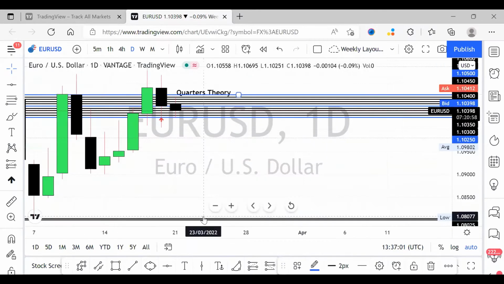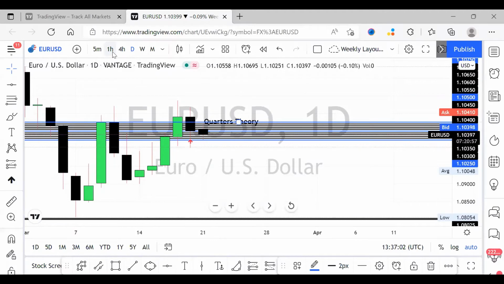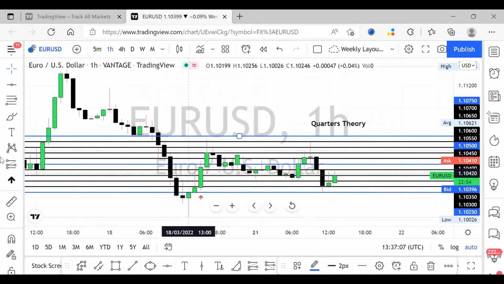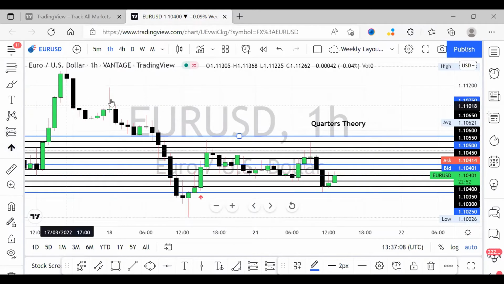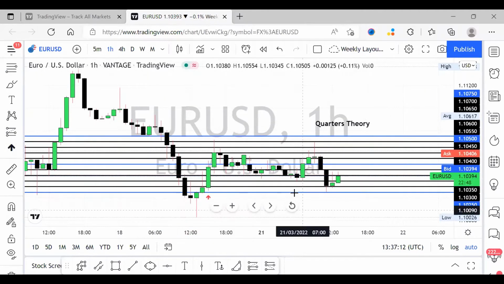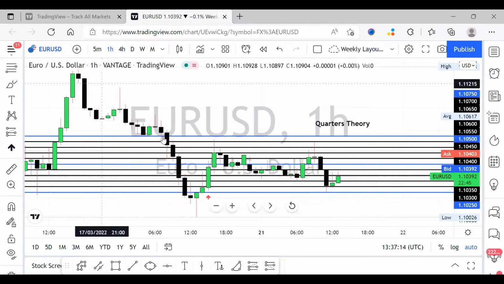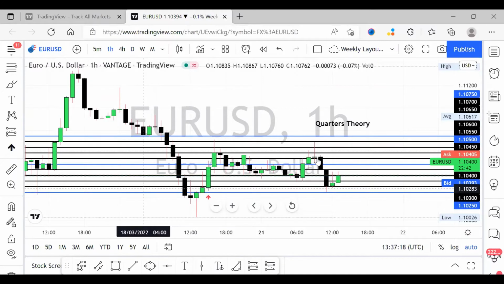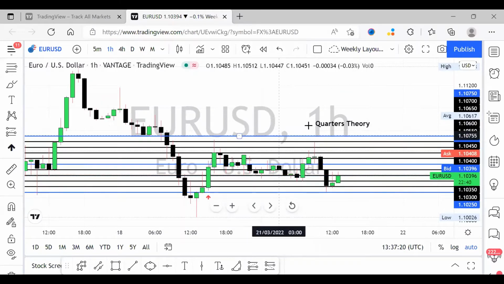Okay, so the way we do this, I'll do this in a brand new chart, but you need to understand how this really works. Okay, on top of that, we're going to use our supply and demand zones, but the overall theme is you've got to understand the supply and demand in line with quarters theory.